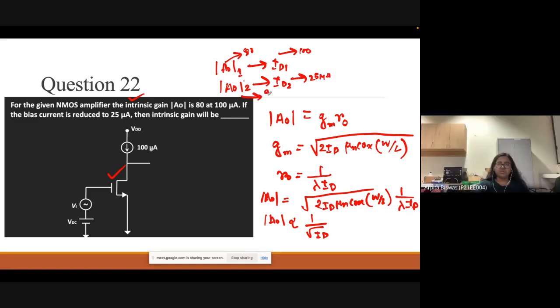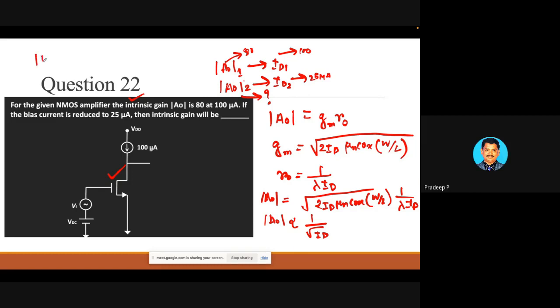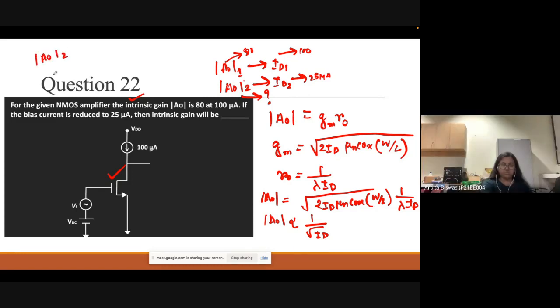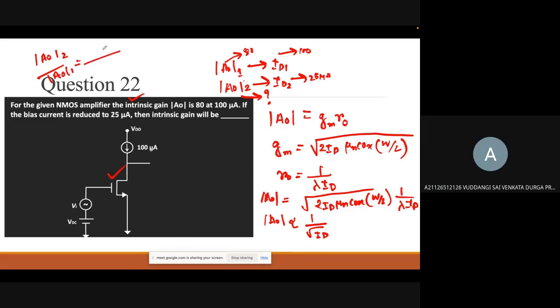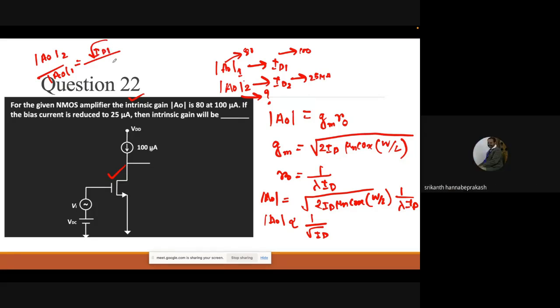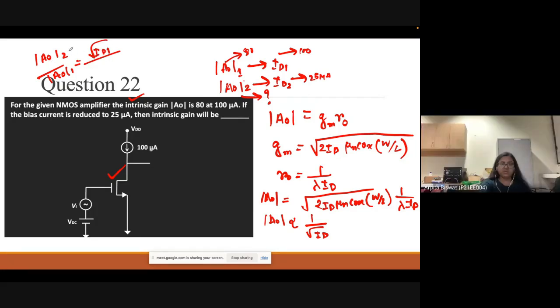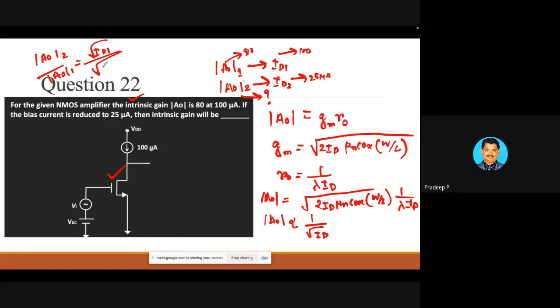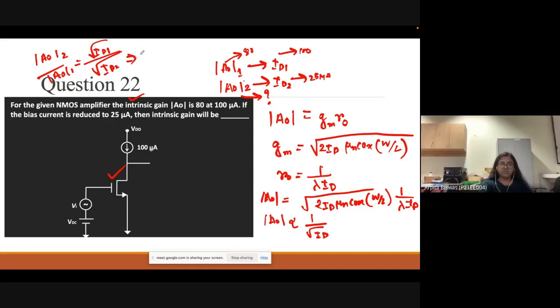We have to find out A02, right? So how will we write down the formula? A02 by A01 equals root of ID1 by ID2, since it is inversely proportional to the square root of ID.